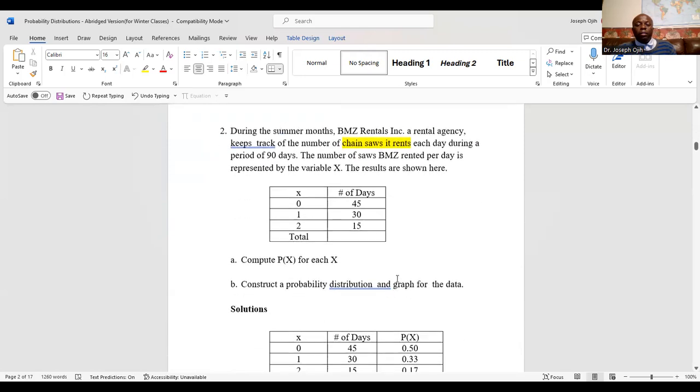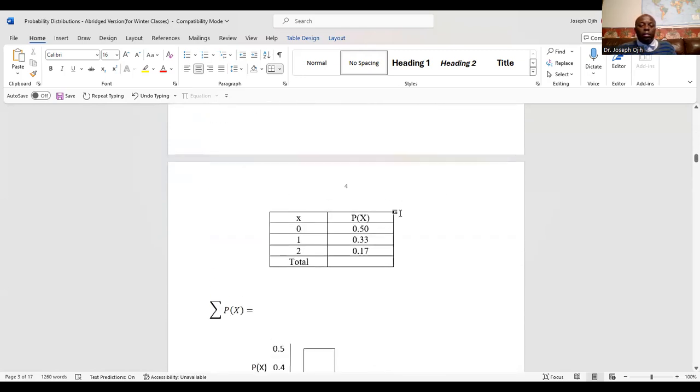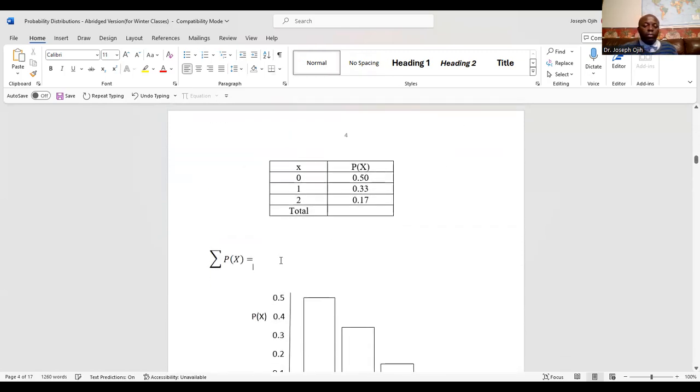And for the second one we did, if you add all the probabilities here, that will give us 0.50 plus 0.33 plus 0.17.